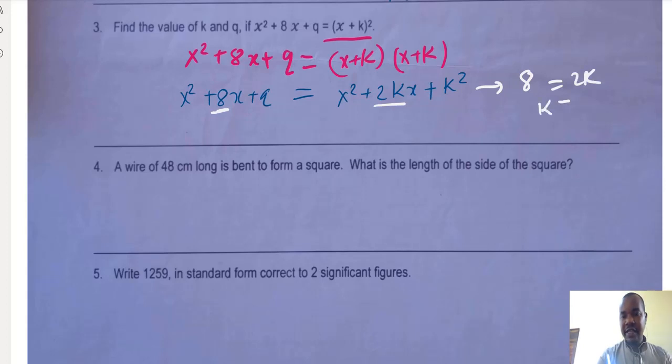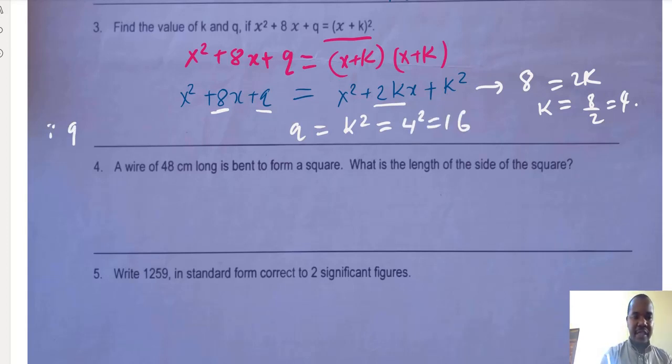So you can see that k is 8 over 2, which equals 4. And what about q? q equals k squared, which is 4 squared, equals 16. Therefore, q equals 16 and k equals 4. That is the solution of question number 3.